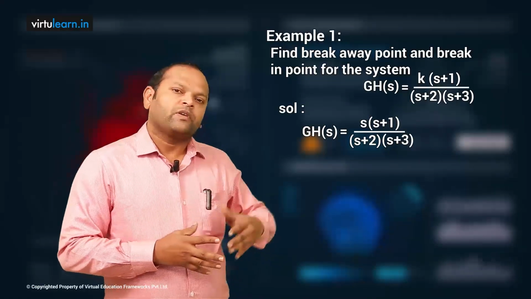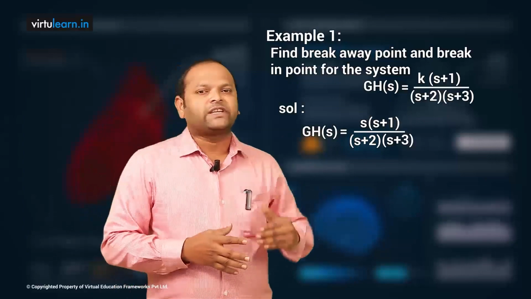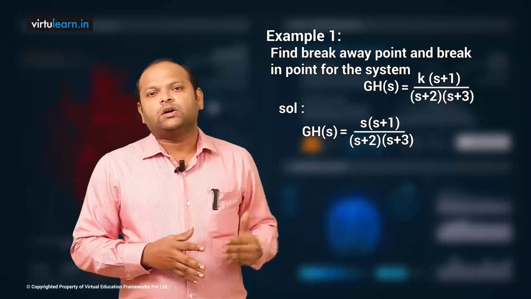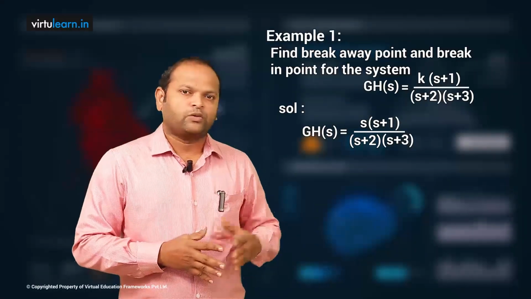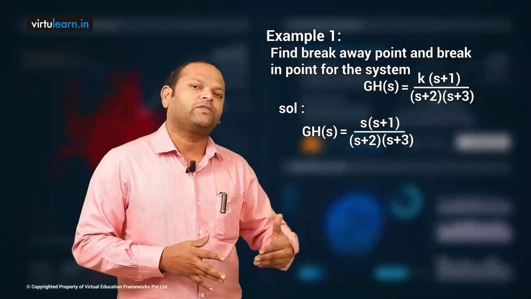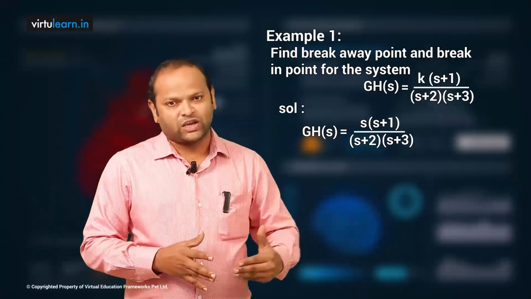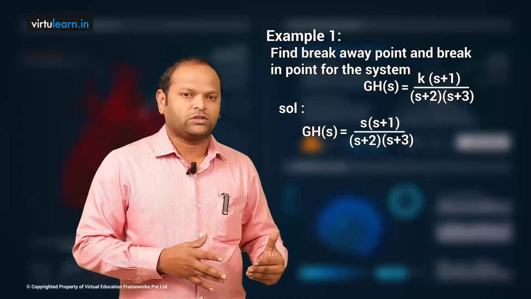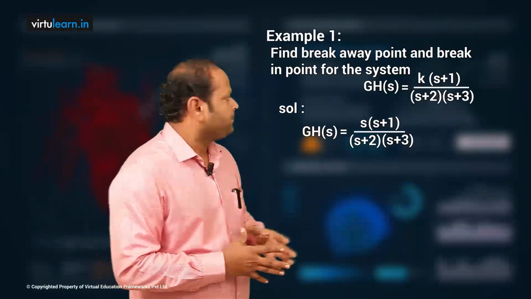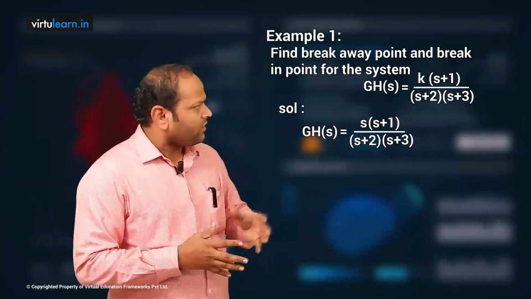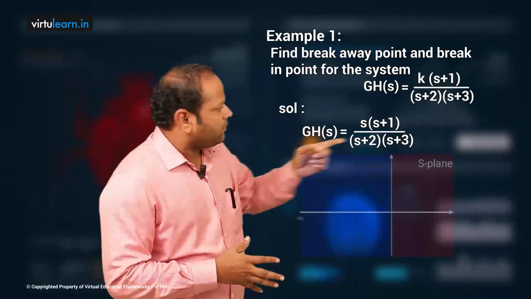From there, we sketch the complete root locus diagram. So, root locus is a locus of roots of the characteristic equation, or closed loop poles of the closed loop system.